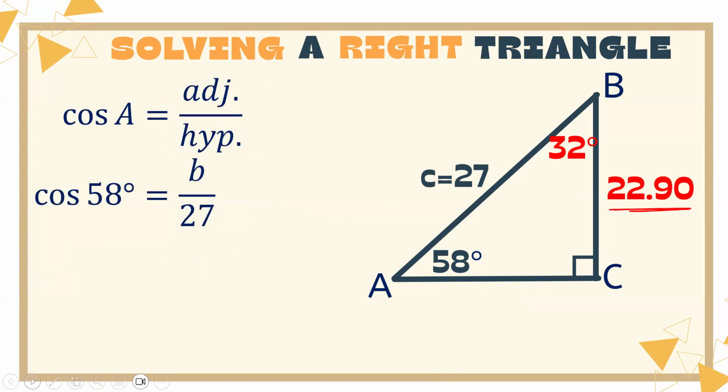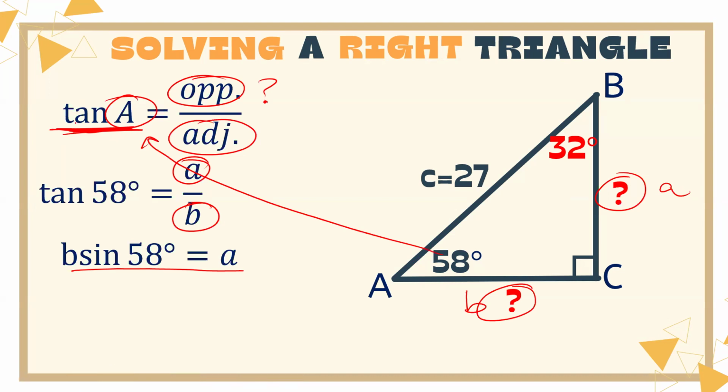then we check our answer using cosine A, right? If we use tangent A to solve for b, right, at the start, and we do not know both a and b, we will not be able to solve the problem correctly. Okay, so that's the purpose of this slide.